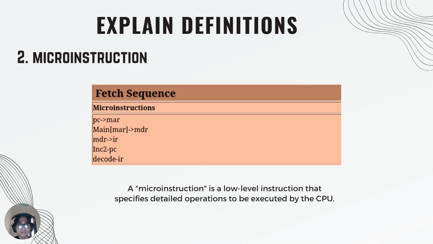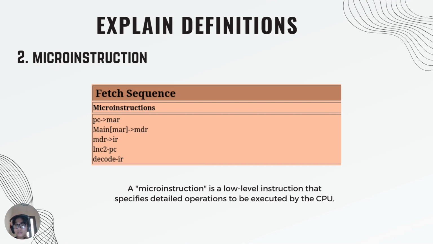The next one is micro instruction. You can see here the fetch sequence, and in it there are some micro instructions like PC into MAR and so on. The definition of a micro instruction is a low-level instruction that specifies detailed operations to be executed by the CPU.